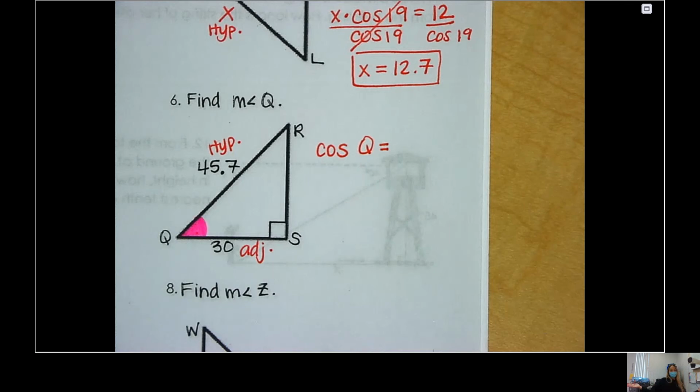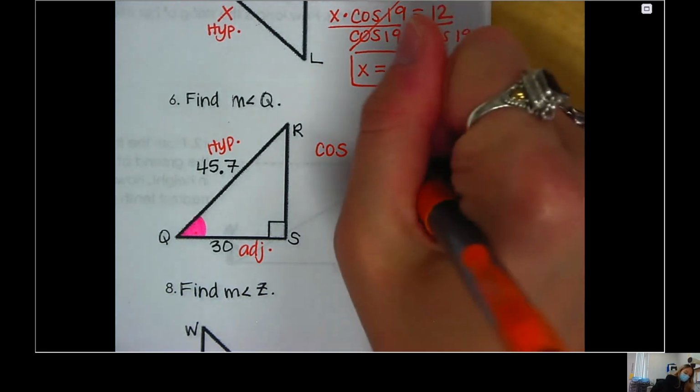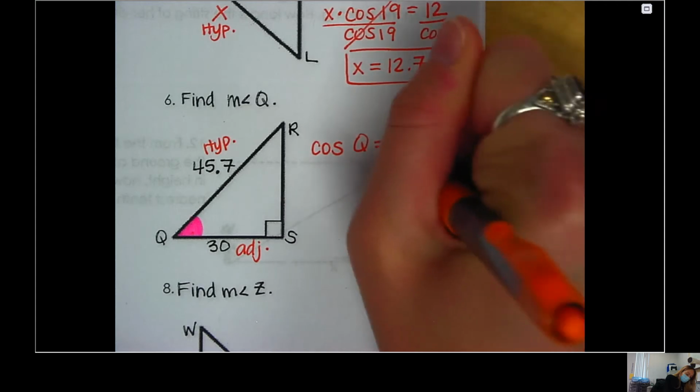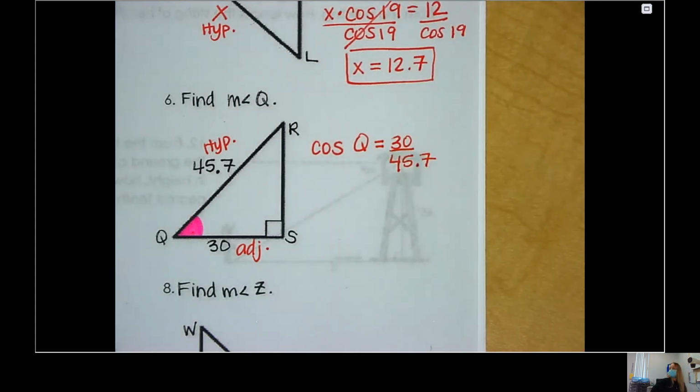There's no number there. Cosine of Q equals, so cosine is adjacent over hypotenuse. What divided by what? 30 over 45.7. Good.